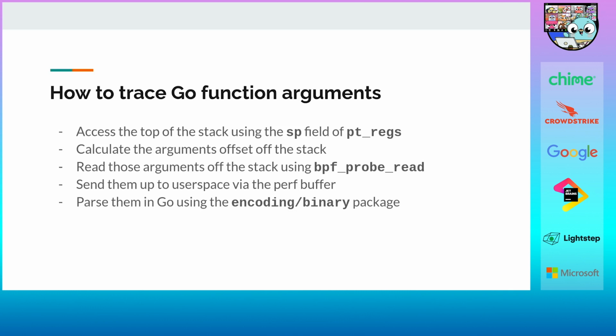If SP is pointing to the top, we're going to have to go a certain number of bytes down from that to find where the arguments are. We're going to read the arguments off the stack using a helper function called bpf_probe_read. We're going to send them via a perf buffer in the same way we did for our last program, and then we're going to parse them in Go using the encoding/binary package, and I'll certainly show you that.